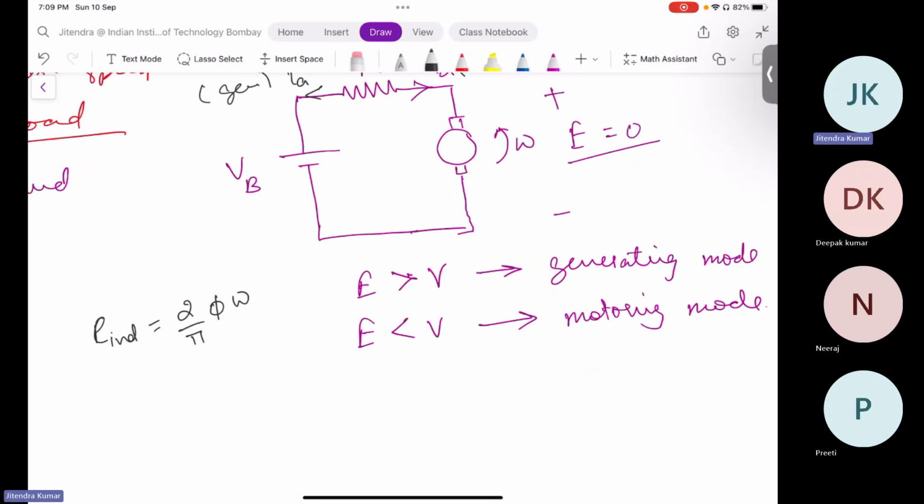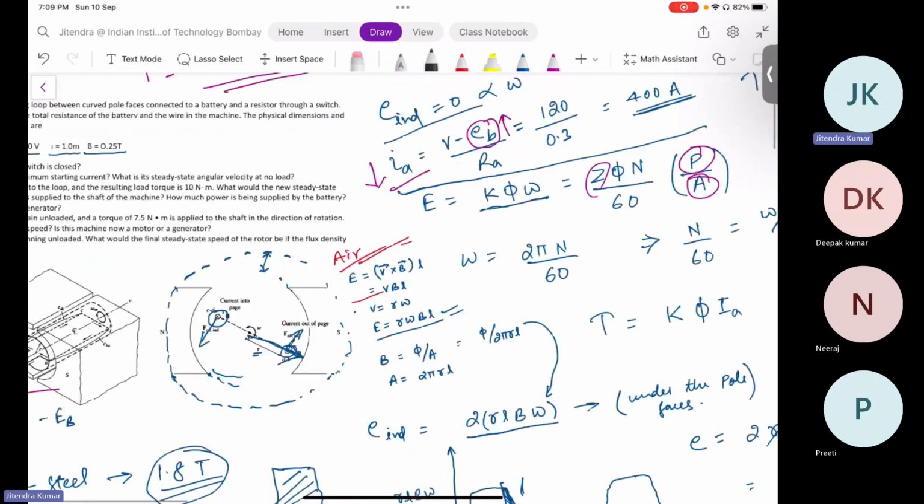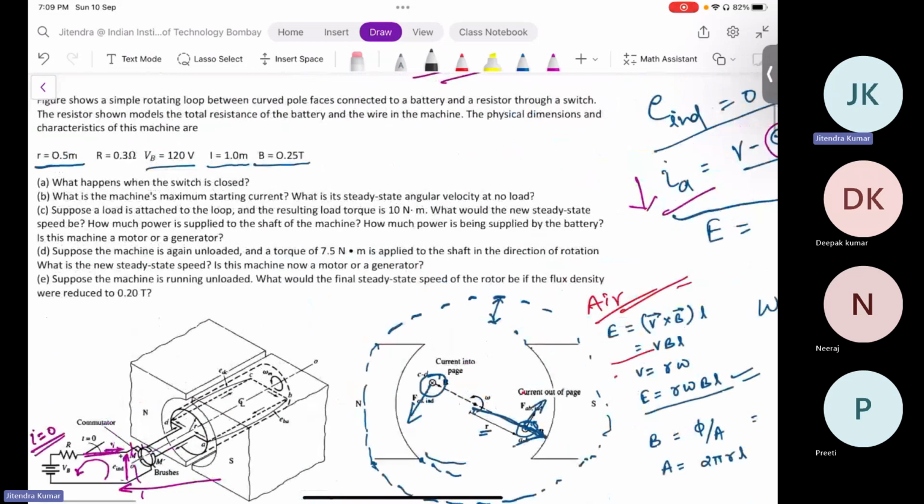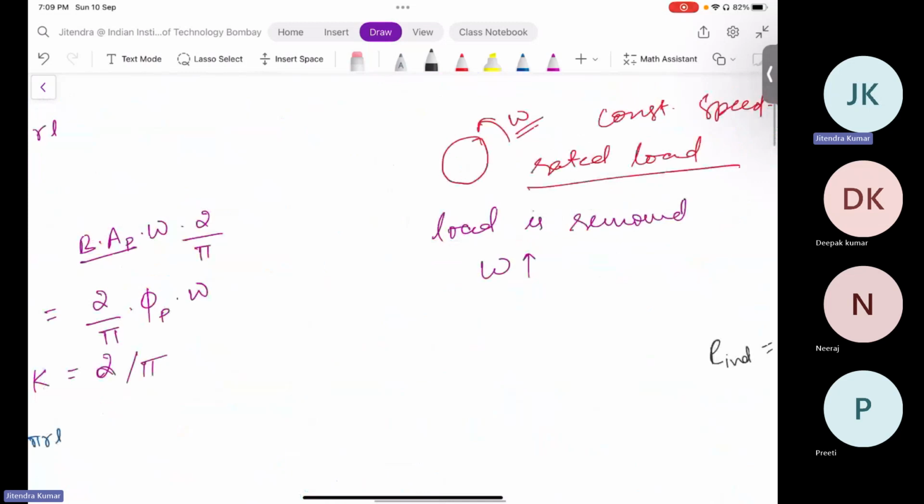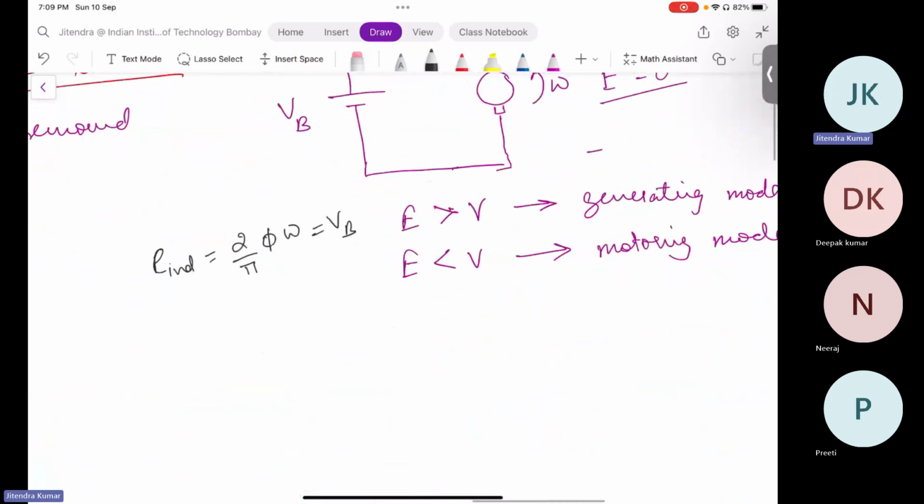The induced EMF is equal to VB, and VB is given in the problem, it is 120 volt. So 2 by pi phi omega is equal to 120. Here omega will be equal to 120 into pi by 2 into phi.